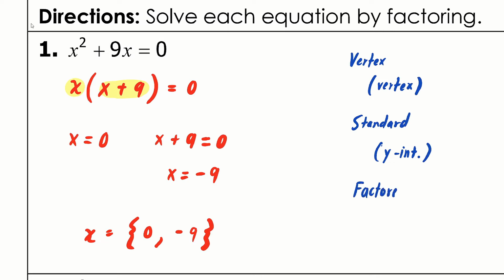When it's in factored form, we can see the x-intercepts. And these are all the three important points that a quadratic will cross in a coordinate plane: the vertex, where it originates from, the y-intercept, where it crosses the y-axis, and the x-intercepts, where it crosses the x-axis. So this is putting it all together.